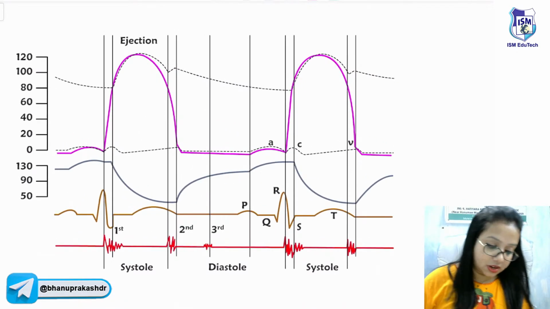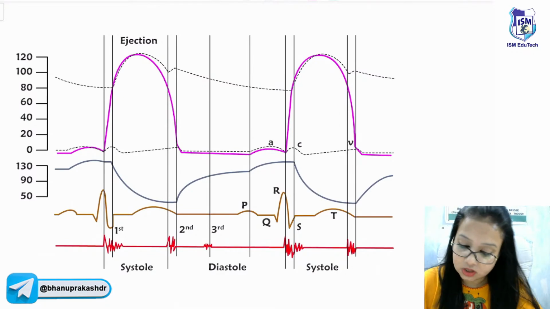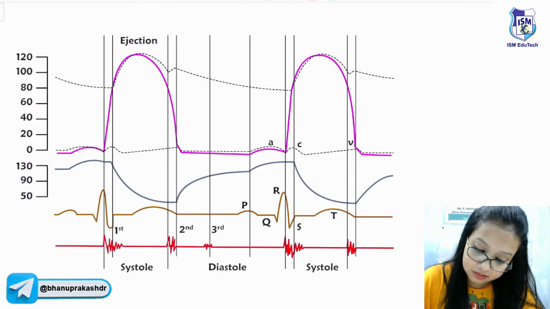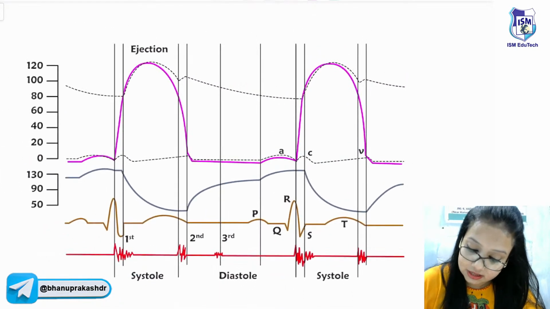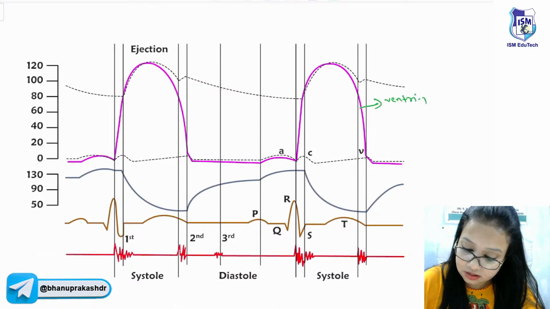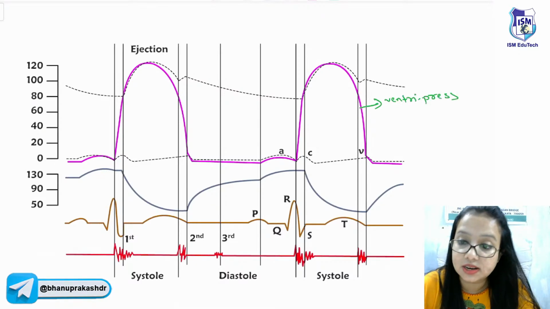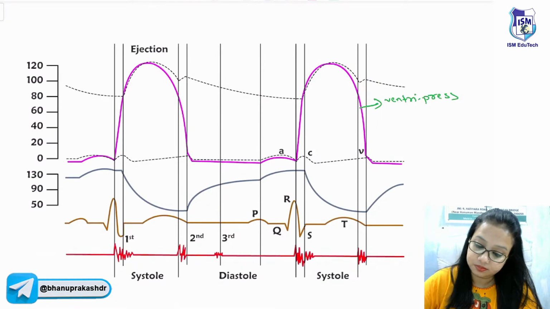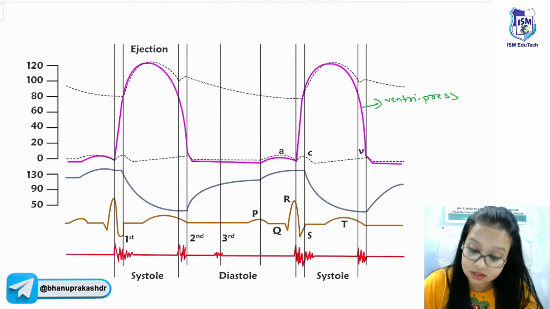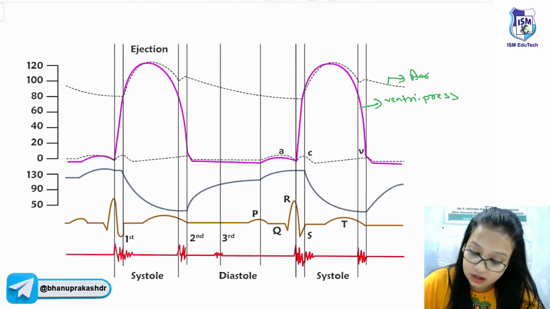Okay. So, very carefully see here this purple color line that is highlighted here. This is the ventricular pressure. The events that are being shown here are that of the ventricular pressure. This dotted line, just above this purple line, this is the aorta pressure.